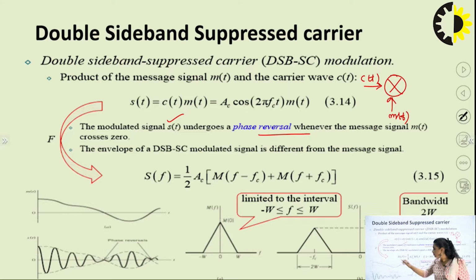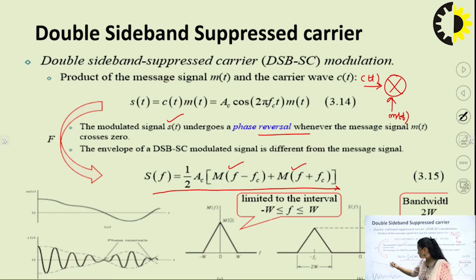And when we want to see the frequency spectrum, we take the Fourier transform, which will be this equation. With the help of this expression, I can see the frequency spectrum. Here, these are the two sidebands. This is my message signal, and this is my modulated waveform.